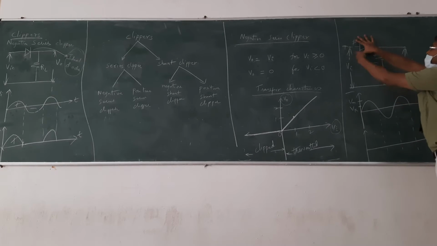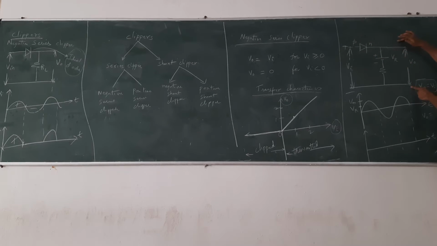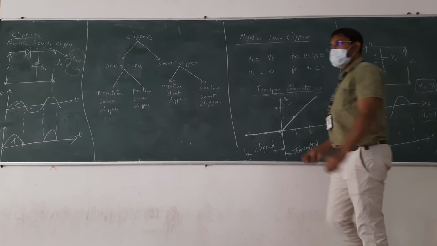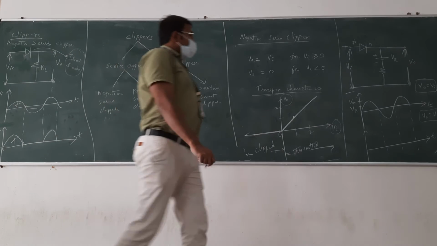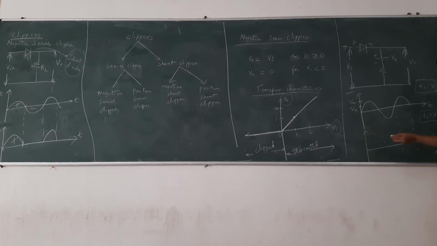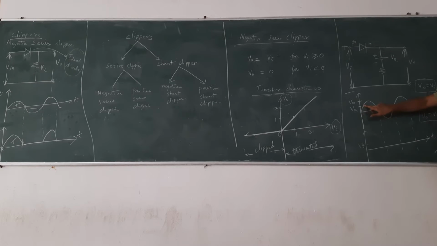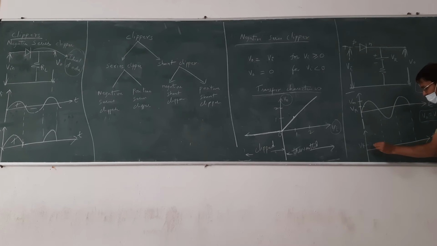Off means no connection between input and output. So the voltage here will be simply equal to VR. So V naught will be simply VR when Vi is less than VR. Clear? So how can we plot this? We already marked VR. During this duration, input is gradually rising. Let me put a dotted line here.